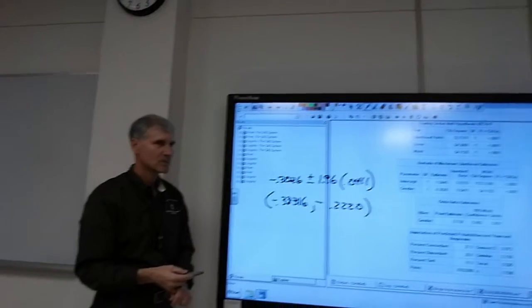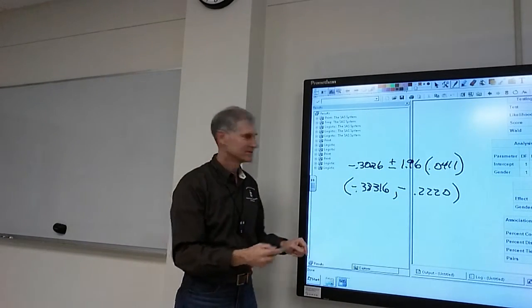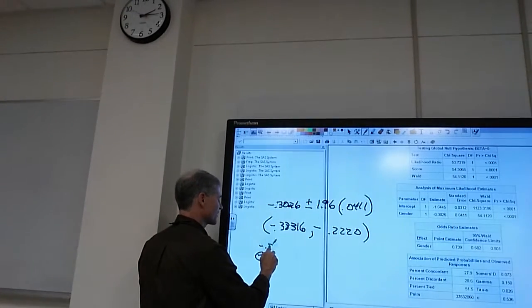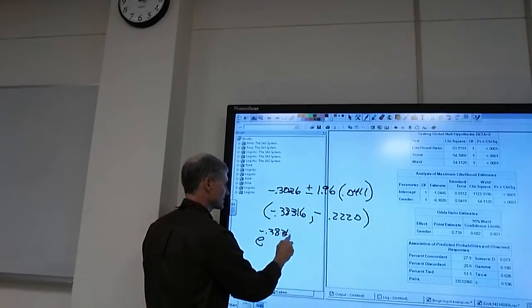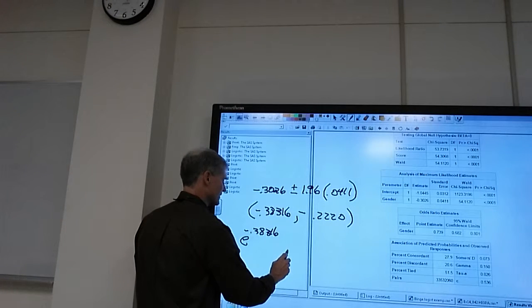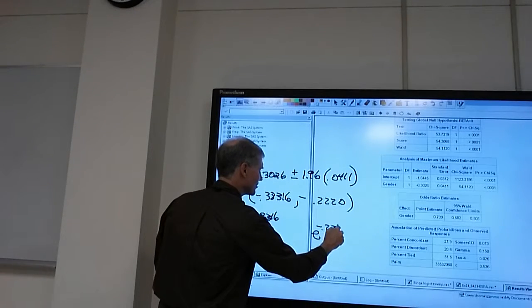Okay? Now, exponentiate each of those. All right, so take e to the negative 0.38316 and e to the negative 0.222.